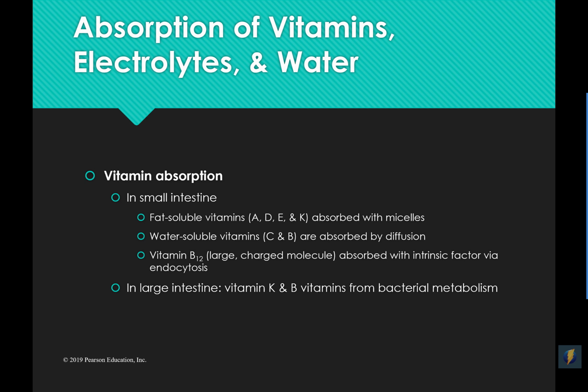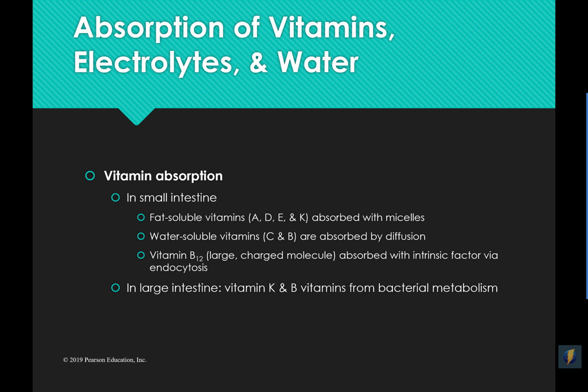Vitamin absorption occurs mostly in the intestines. So in the small intestines, all of the fat-soluble vitamins will get absorbed when any of the fats get absorbed with the micelles, and then the water-soluble vitamins are typically absorbed via diffusion as well. Vitamin B12, that very, very large molecule that's necessary for our red blood cells to be made, can only be absorbed by our small intestine with that intrinsic factor.